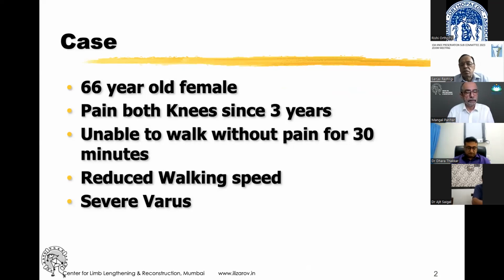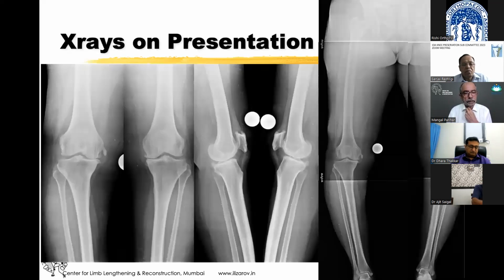in my hands. So here's a 66-year-old female who had pain for 3 years, unable to walk, with significant varus. This was her X-ray on presentation. Bottom line, age and amount of damage are really not criteria for excluding patients from an HTO, as long as the lateral cartilage is okay.